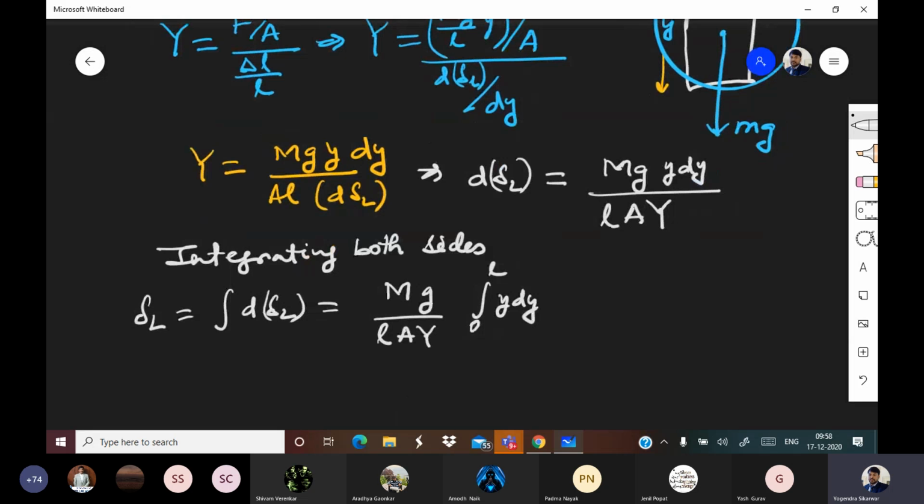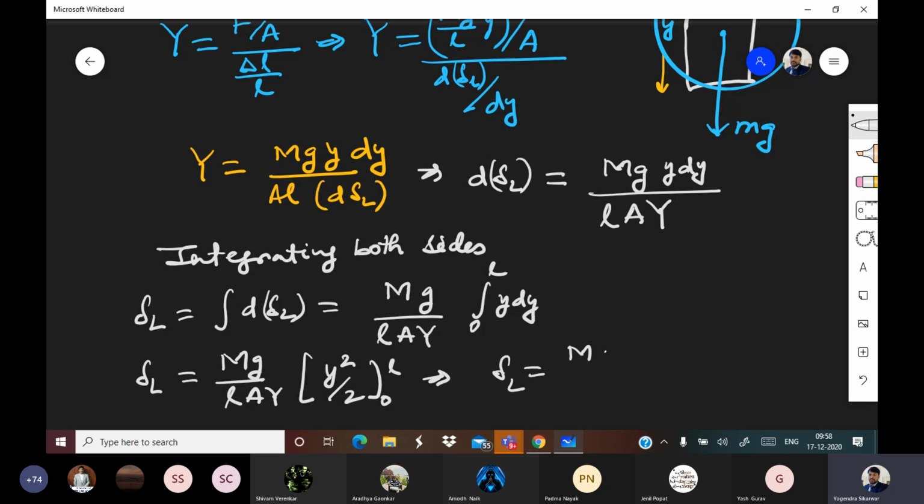So delta L comes out to be mg upon L A Y, and integration of y dy will be y square upon 2, with limit from 0 to L. So delta L is equal to mg upon LAY, 2 can also be taken here, and that is L square minus 0 square.